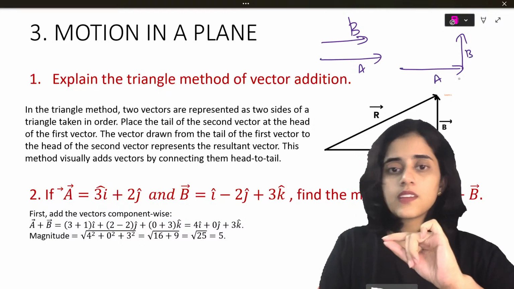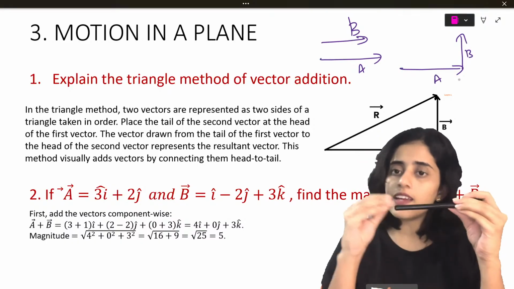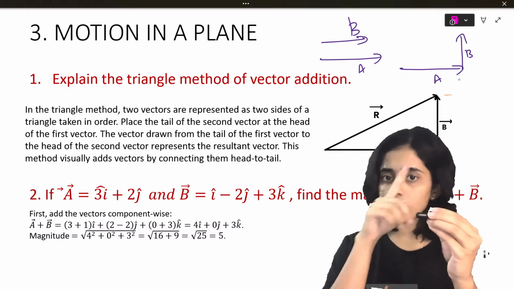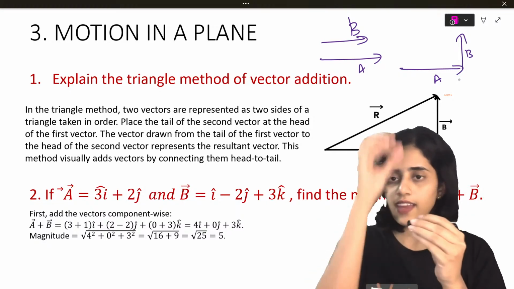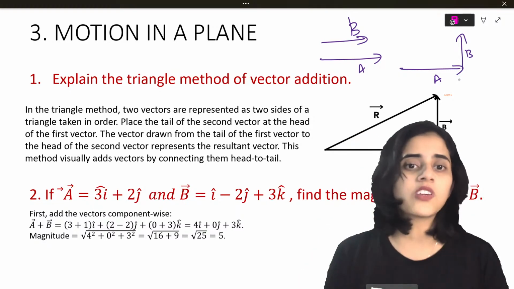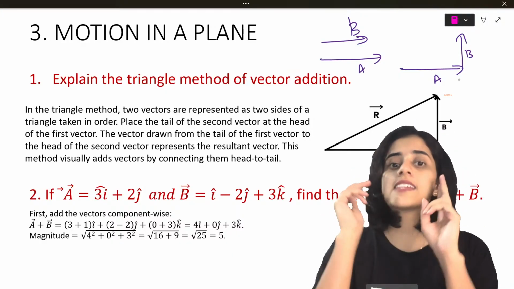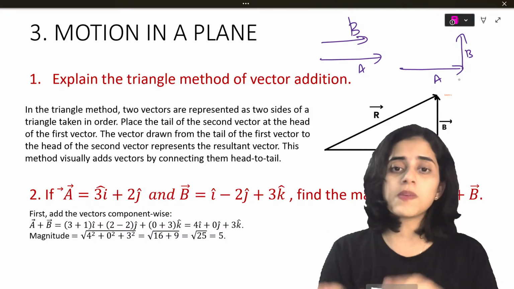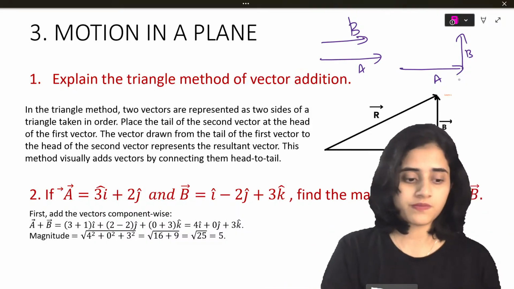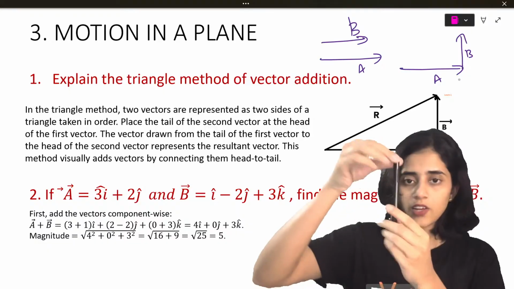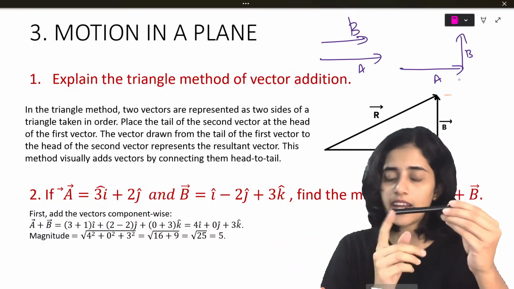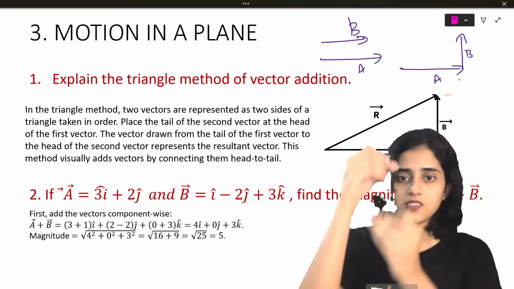If this is vector A, head of the arrow is the head of vector A and tail of vector B should be in contact. So the tail of the second vector should be at the head of the first vector. Understood? Tail of the second vector should be at the head of the first. So this is first, this is second.